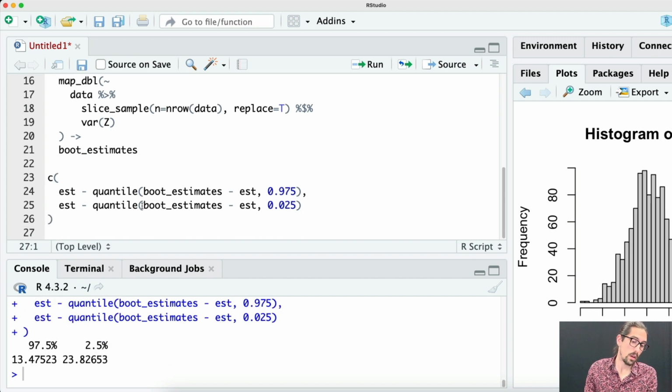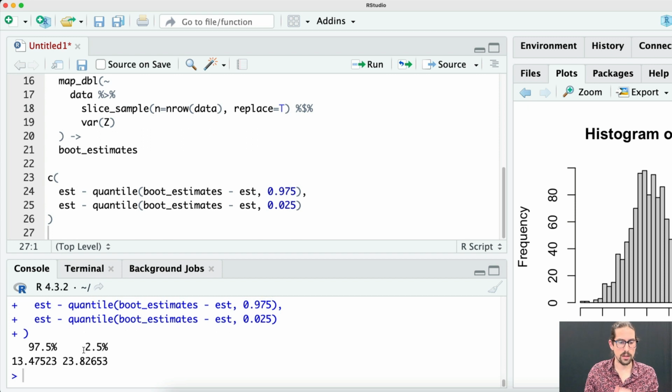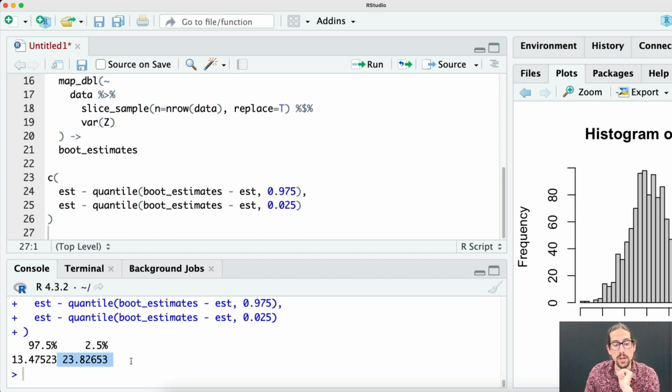There we go. So this is my bootstrap confidence interval. You can ignore these numbers here. They're just coming from this. So this is the lower bound of the confidence interval. This is the upper bound of the confidence interval.